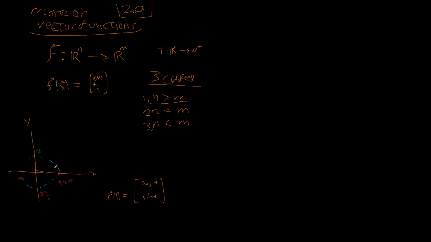Now we can think in terms of 3 dimensions. If we were to modify this, it's not t, it's going to be r of u, v, which is equal to cosine u sine v, sine u sine v, cosine v.